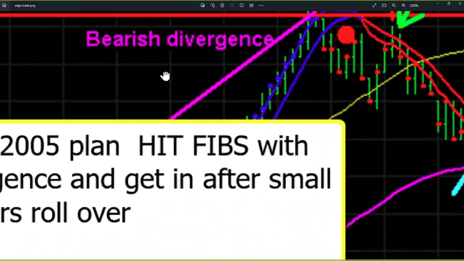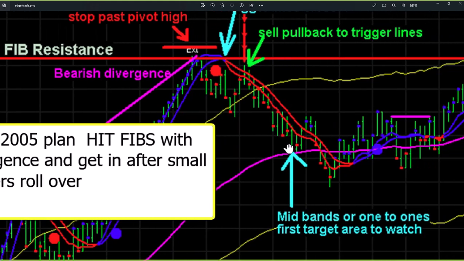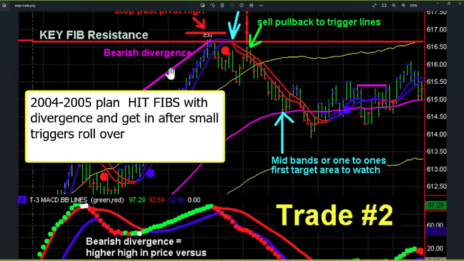Our rules were get to a Fibonacci line of resistance, wait for divergence, and then when the trigger lines rolled over, go short or go long, either way. Now, this was the Russell 2000, I think, or no, it was the S&P maybe. But anyway, this is a long 20 years ago.